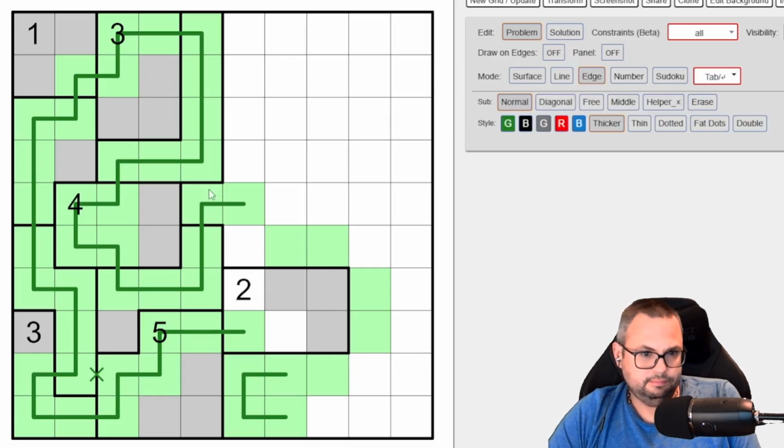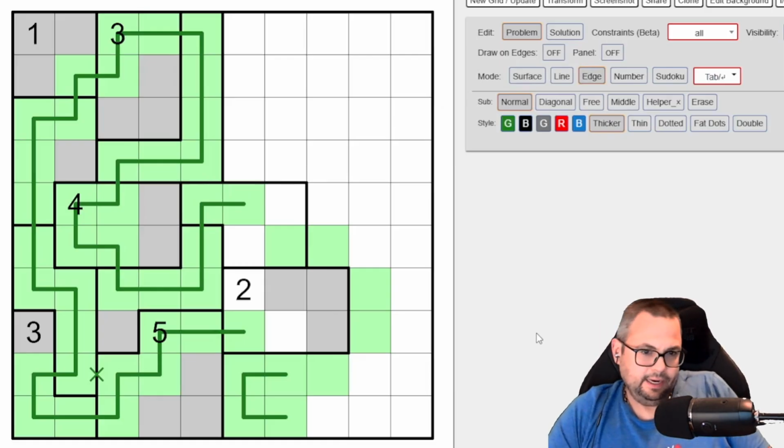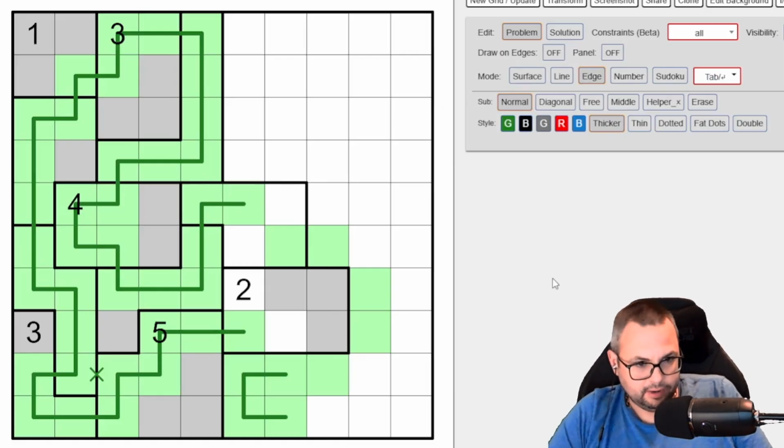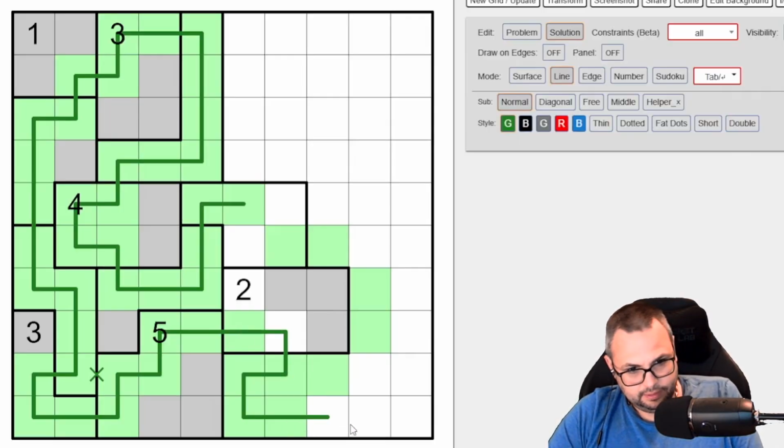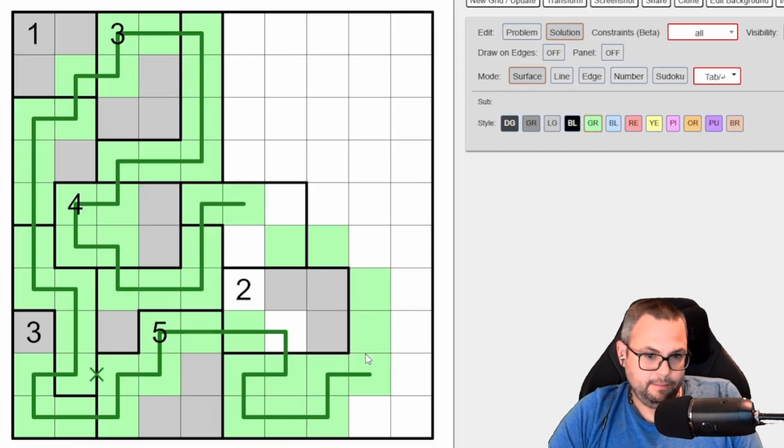So we can just draw in a country for this to be part of, and we can modify it as needed. But then this 2 has to go this way. This loop has to come this way.